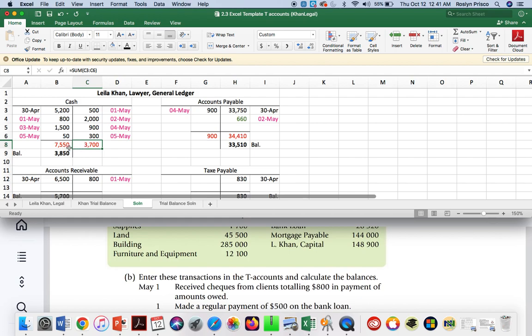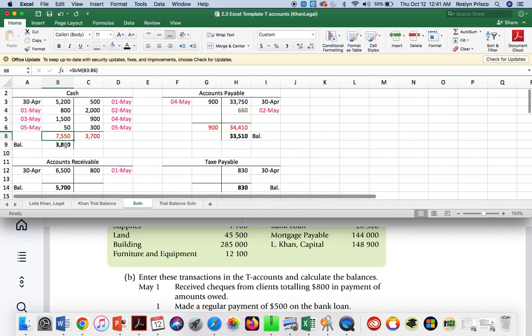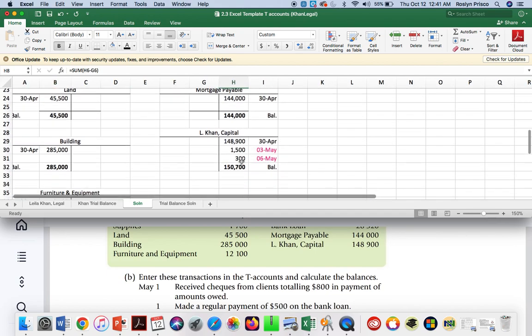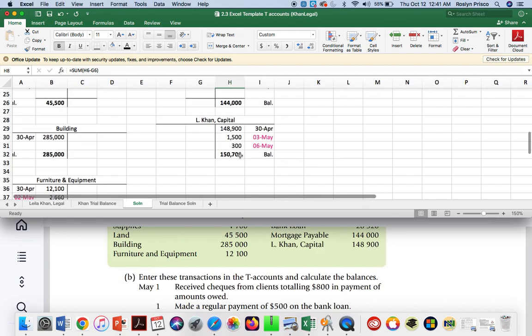Find the difference between the two numbers and put that number on the side that's bigger. And if it's an asset, I would expect it to be on the left side or the debit side. And if it's a liability, I would expect the difference to be on the credit side. And then if you go down to capital, you'll see that that's a credit balance too.